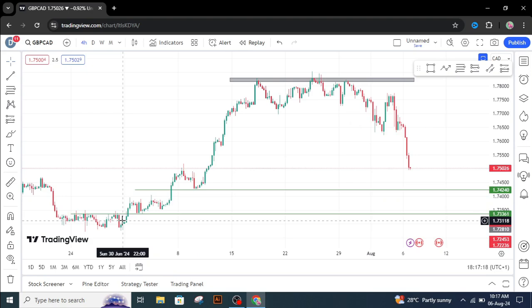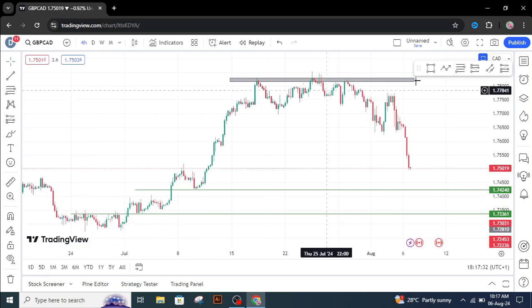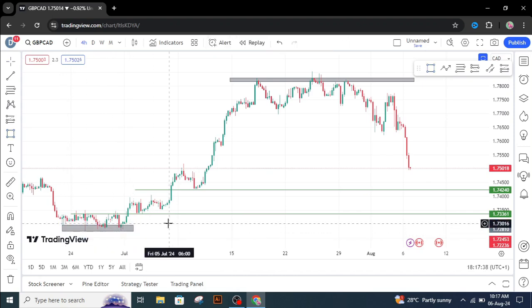You will discover that when crude oil was showing a double top to drop, GBP CAD too had started showing some triple bottom, because it was around here that it started. You can see it makes a triple bottom there.